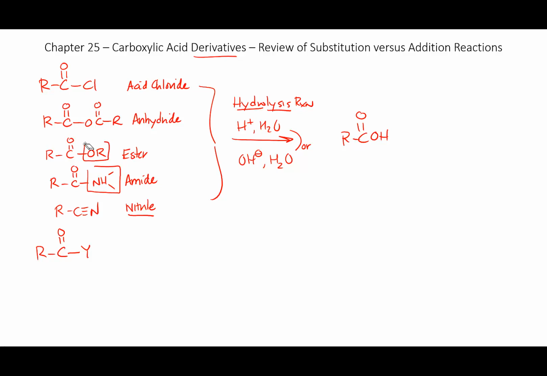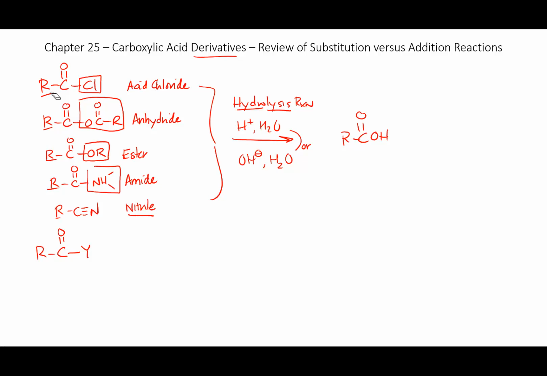the other carboxylic acid derivatives all have a Y group attached to the carbonyl. They have an alkyl group on one side, and they have a Y group on the other. Okay. With the exception of nitriles. Nitriles are kind of the one of these things that doesn't look like the others.